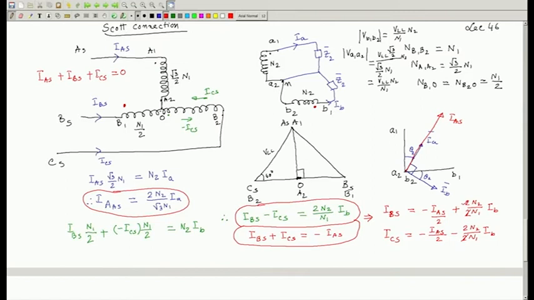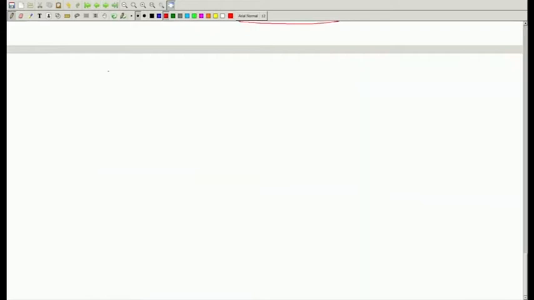So, finally, what do I get? I will repeat that, all the 3 currents.